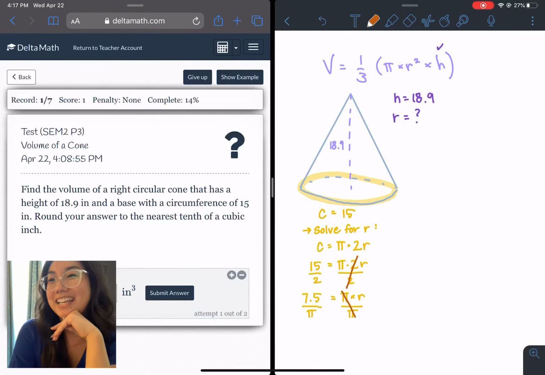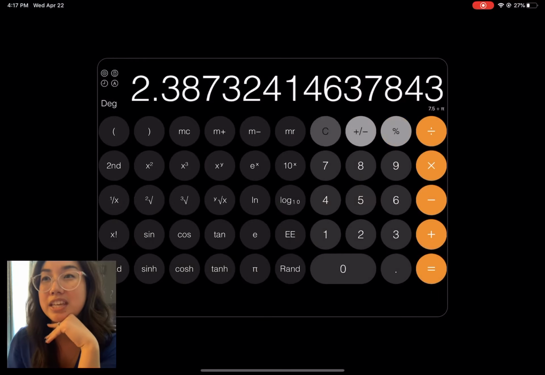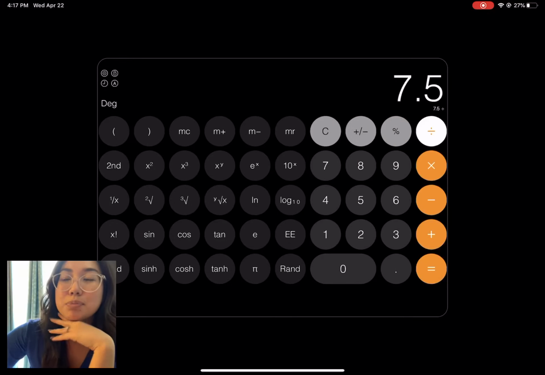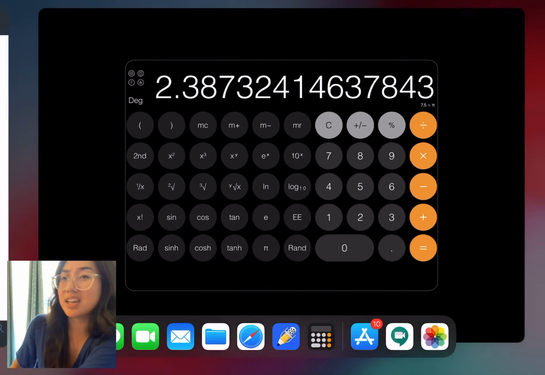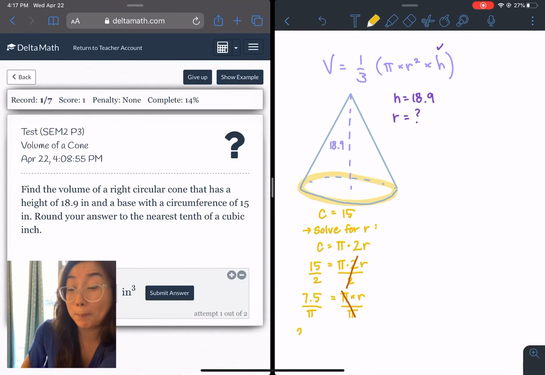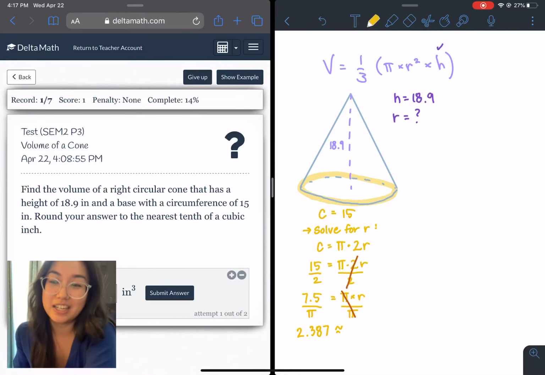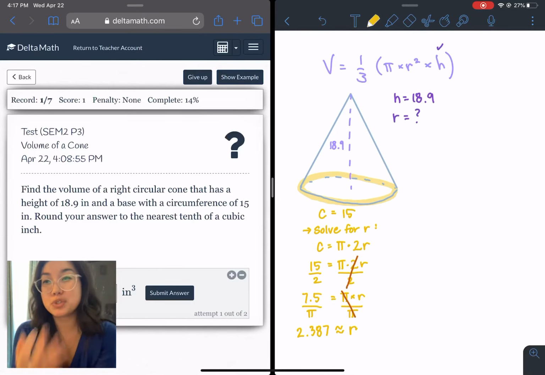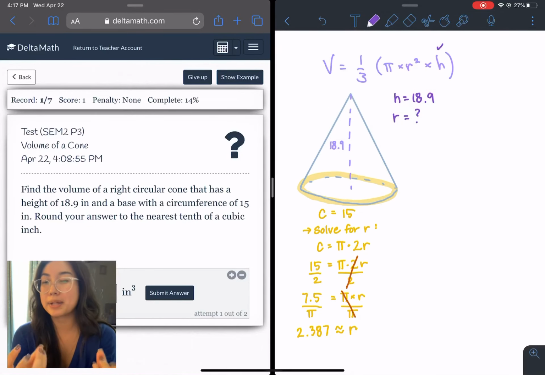So we get r by itself, or we solve for the radius. And I'm going to use the calculator to do 7.5 divided by pi, which gives us 2.387. So I use 3 decimal places here because I want to make it a closer approximation to what the true value is.